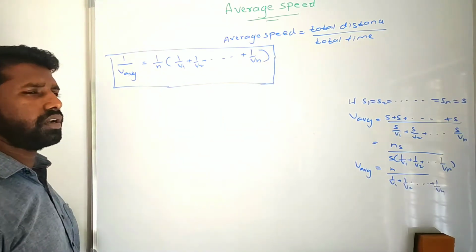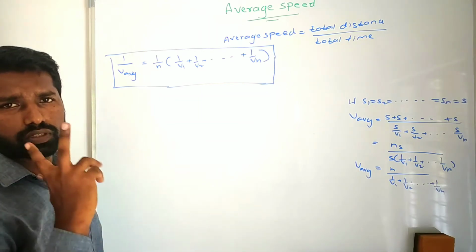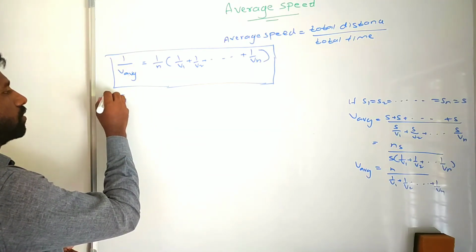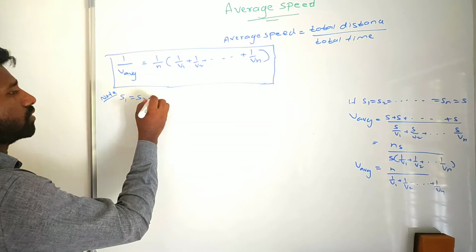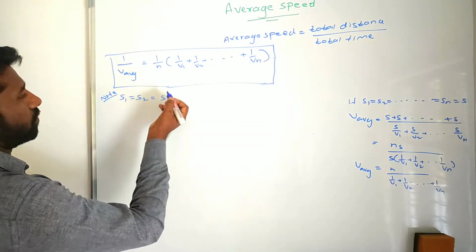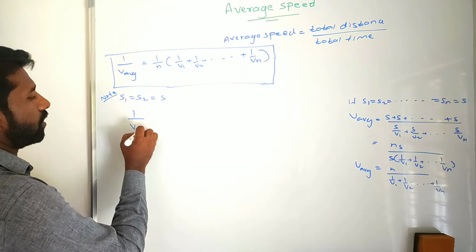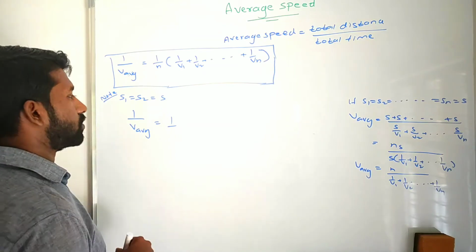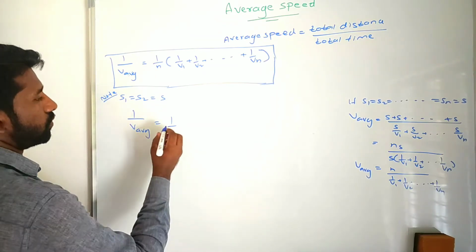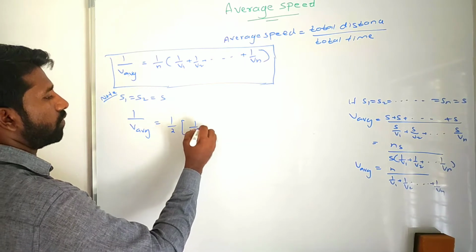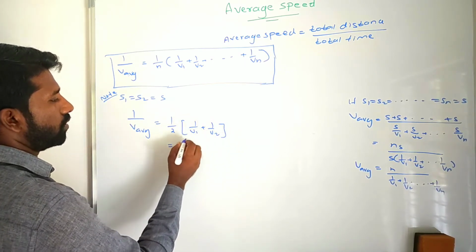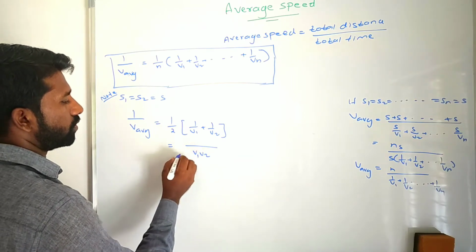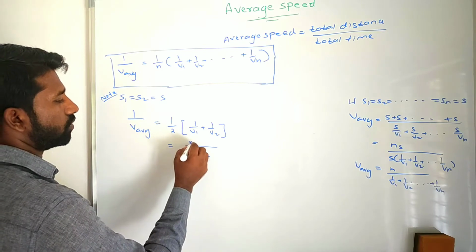Now only two velocities are there. How can we solve? S1 is equal to S2 is equal to S. Then 1 by V average is equal to 1 by 2 into 1 by V1 plus 1 by V2, since the total distance is divided into two parts, S1 and S2. Taking the LCM, V1 into V2 into 2, here you get V2, here V1.